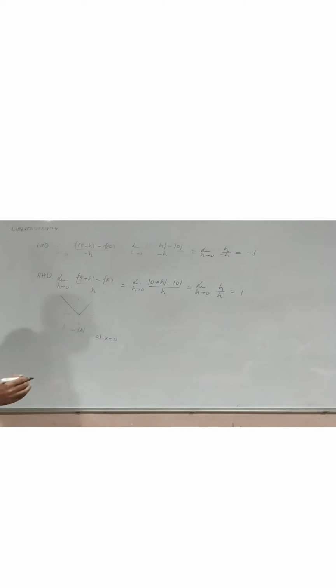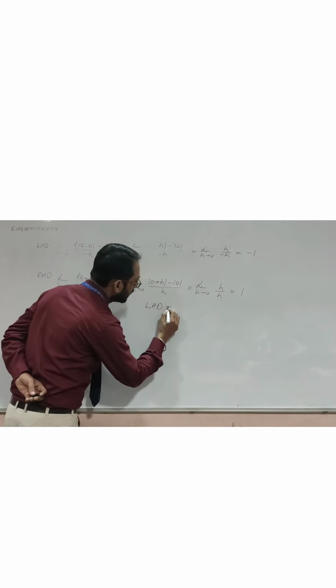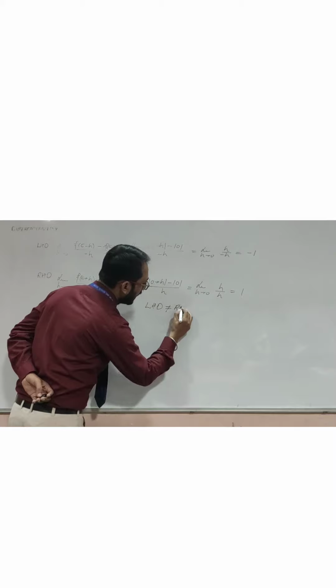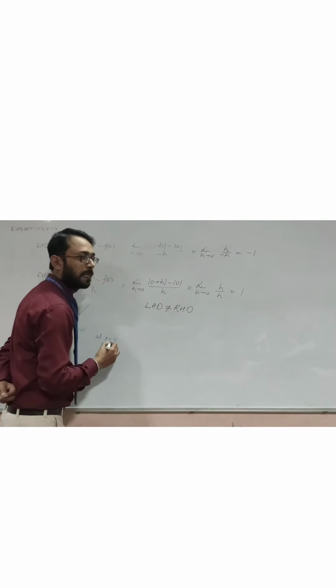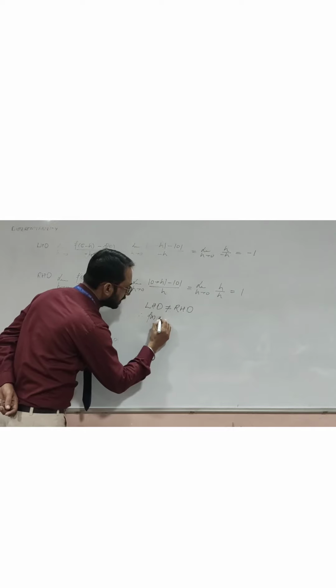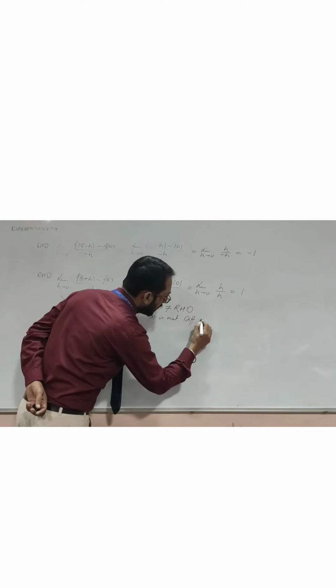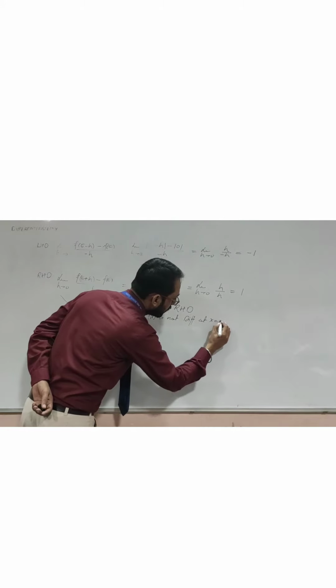So what we are finding: left hand derivative is not equal to right hand derivative, therefore f(x) is not differentiable at x equals 0. At x equals 0, the above given function is not differentiable.